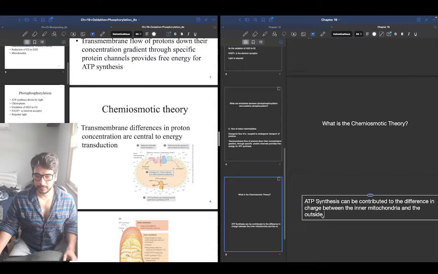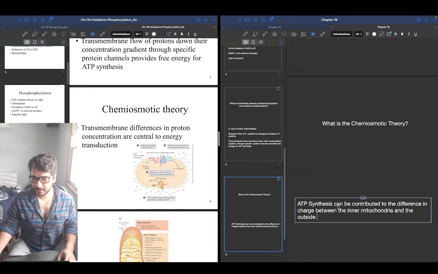Proton concentration. Okay, let's reword that one more time. ATP synthesis can be contributed to the difference in charge between the inner and outer membrane.